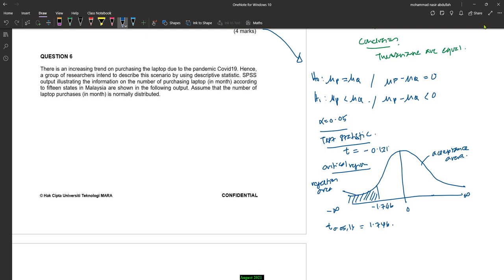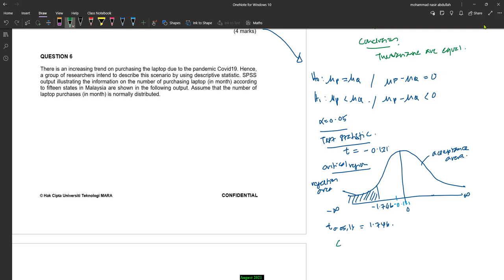Now looking at the t calculated, negative 0.131, it lies in the acceptance area.